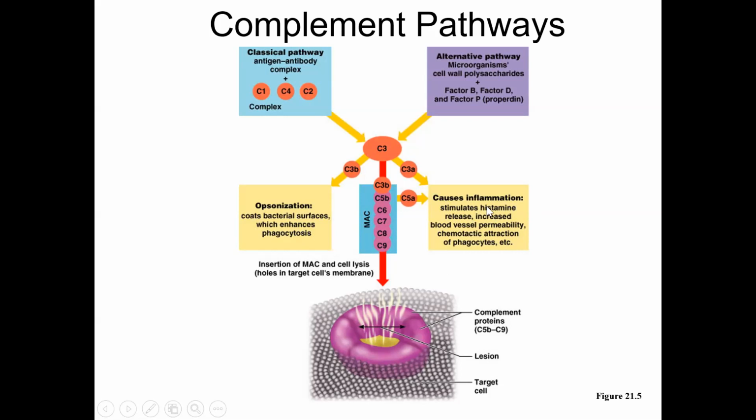We already talked about inflammation, right? So the complement proteins work with two different pathways, and once they activate C3, you have three major ways to trigger these immune responses. One is by forming MAC, one is by labeling the bacteria, and one is by causing inflammation.